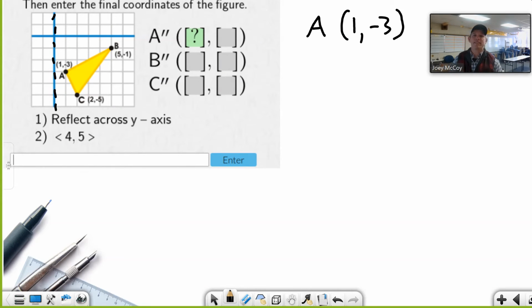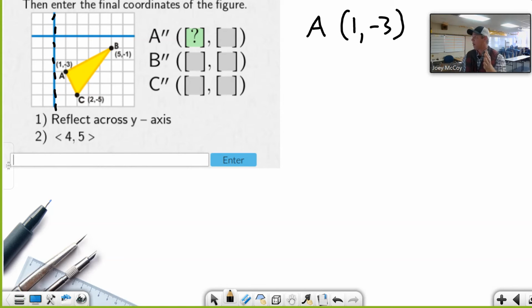Now let's say we have a different shape. Once again, the first step is going to be paying attention to the coordinates. So in this problem, I want you to notice that the first step is to reflect across the y-axis. The y-axis runs up and down.